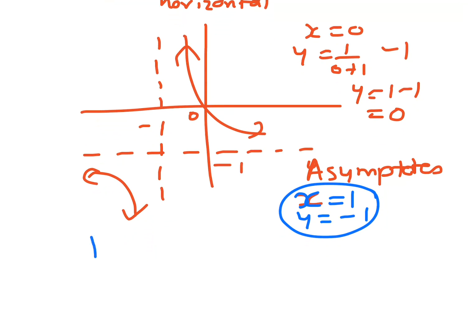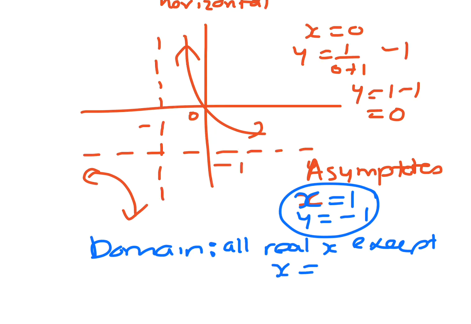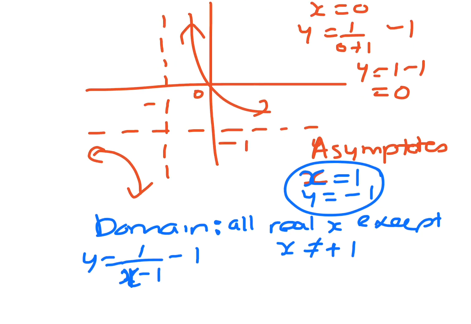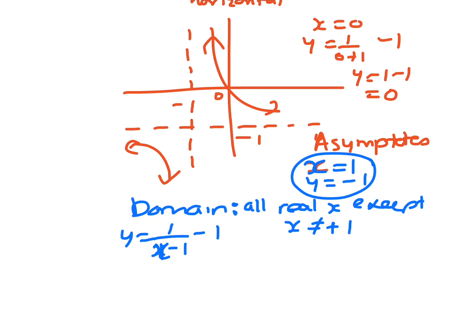And then the domain will be all real x except x cannot equal minus 1. Because if you got 1 over x minus 1, if you put a 1 in there for the x, you'll end up with 0 on the denominator. That's why x cannot equal 1.